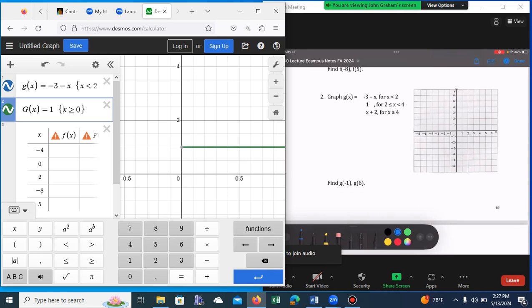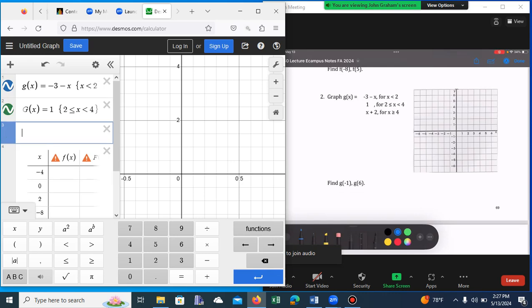That's going to be when x is greater than or equal to 2 and less than 4. And then we're going to have one more, so I'll plug in a third one.